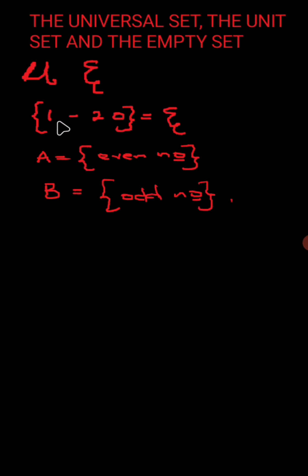All even numbers here are just from 2 to 20, and all odd numbers will start from 1, 3, 5, 7, 9, and so on up to 19. So A is a subset of the universal set, B is a subset of this universal set, but the universal set is a set that consists of all elements in set A and all elements in set B. It might even contain elements that are not present in both set A and set B.